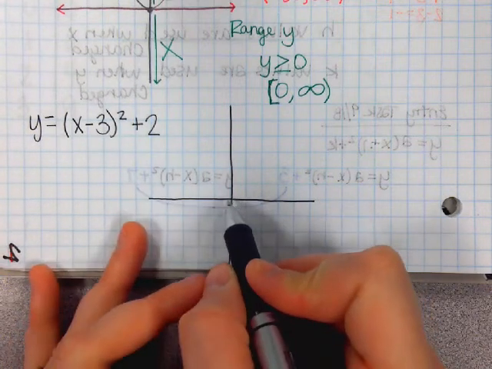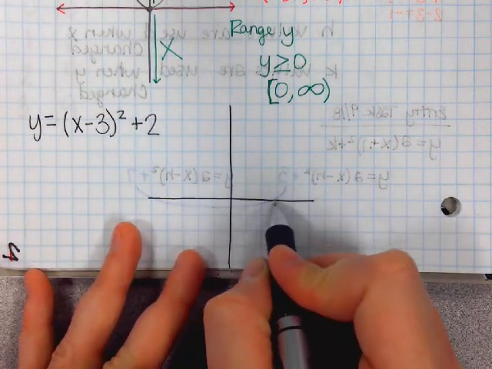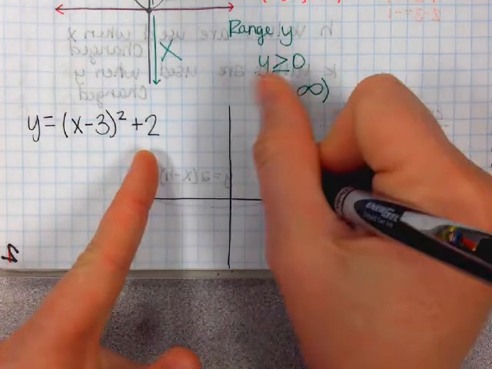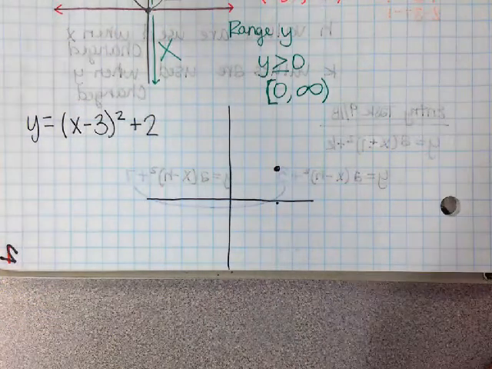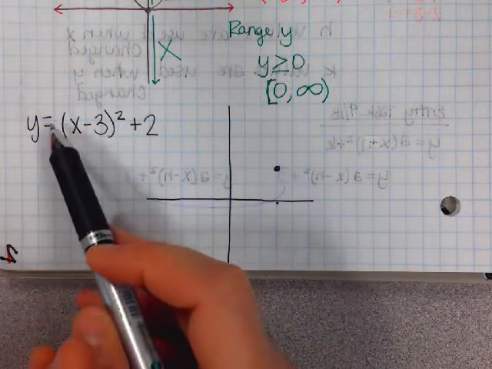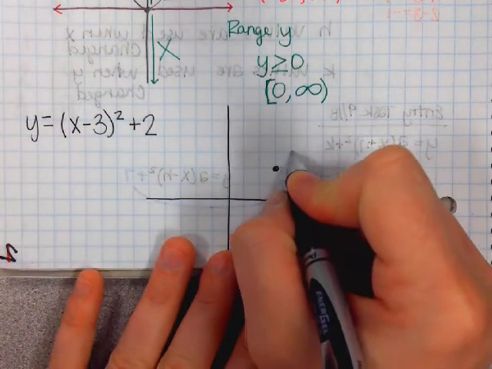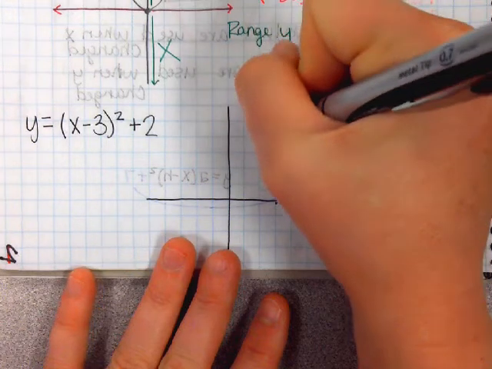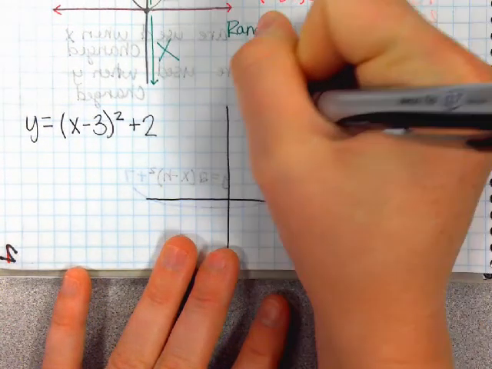If it's a negative 3, then I know I need to move the opposite direction because h is always opposite. So 1, 2, 3. And then the k value is positive 2, so 1, 2. So that is my vertex. Again, there's no number in front of the parentheses, so it's just 1. So I'm going to move over 1, up 1, over 1, up 1. So that would be my transformed function.